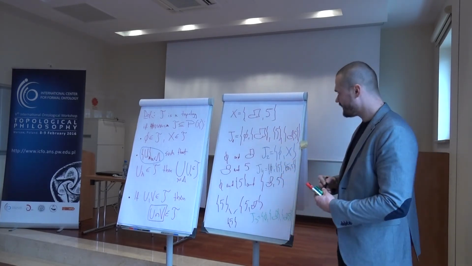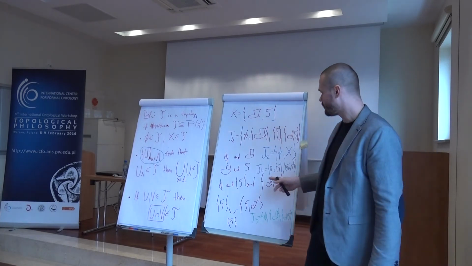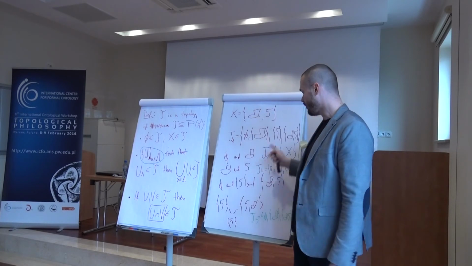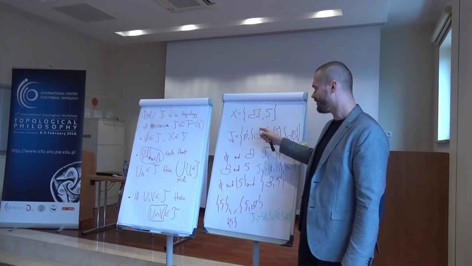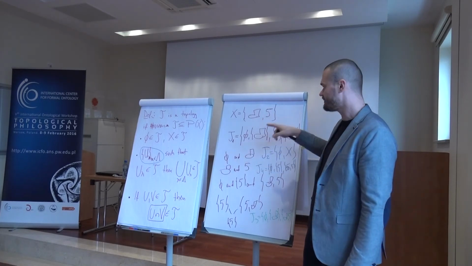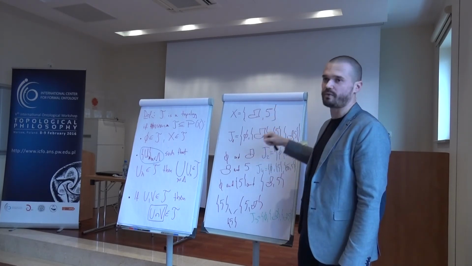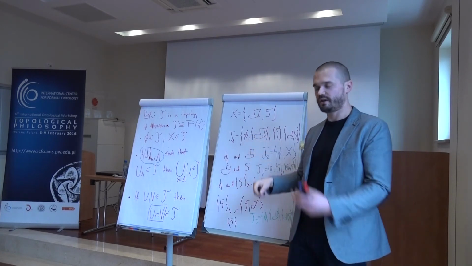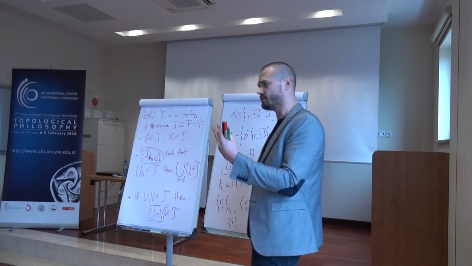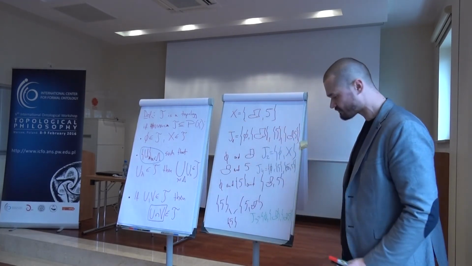So as you see, in this situation, when you have a set with two elements, all elements of its power set form topologies. So you have a two element set, and you have 4 topologies which can be defined on this set.